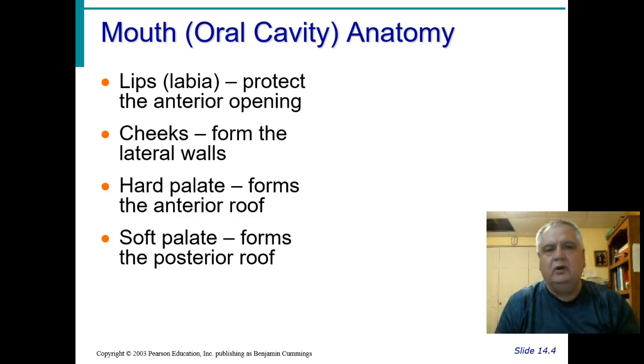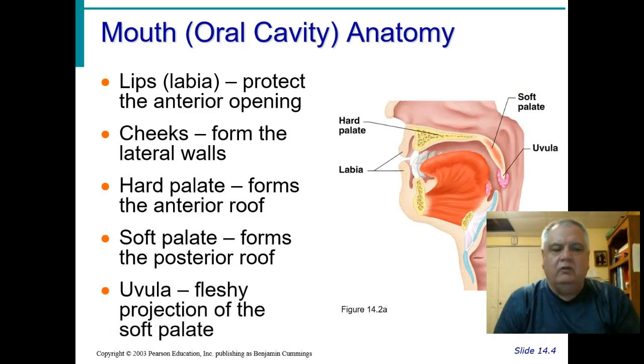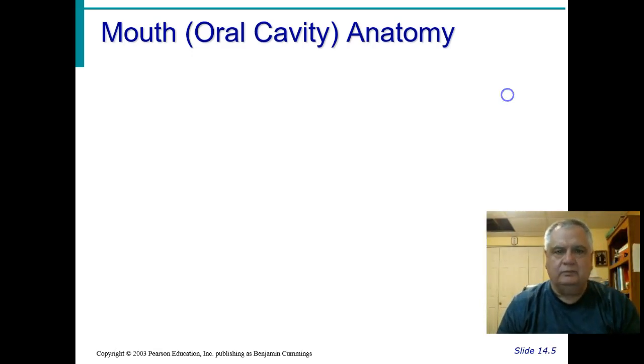If you run your tongue from the front to the back, you'll notice you have the hard portion of the roof of your mouth, and then it becomes soft, and that's because there's no bony support underneath it. That's the soft palate. The soft palate then ends in a fleshy projection that extends in a downward fashion. We oftentimes refer to it in lay terms as the gumdrop, but it's known as the uvula.